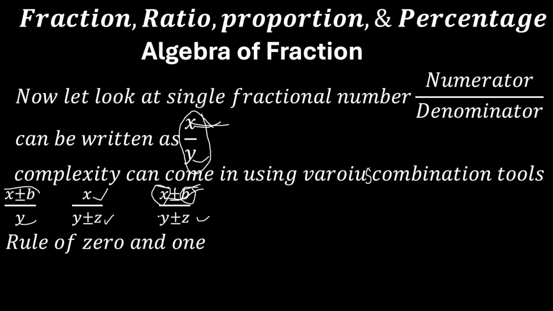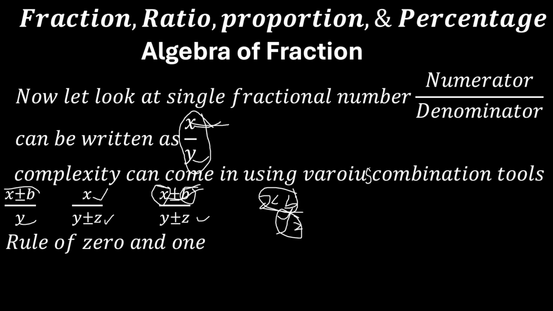But if what combines them is multiplication and division, they still remain one number. For example, if you have something like xb over yz, it is still one number, not two terms.